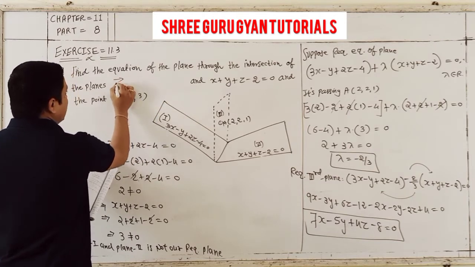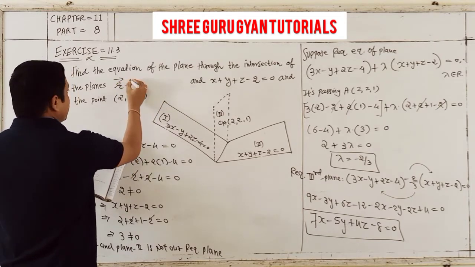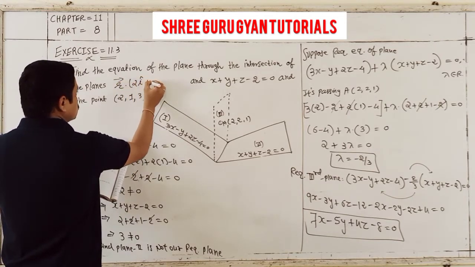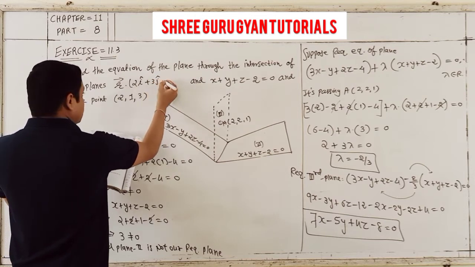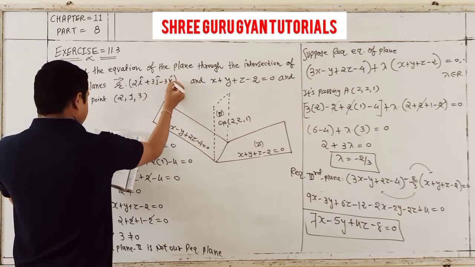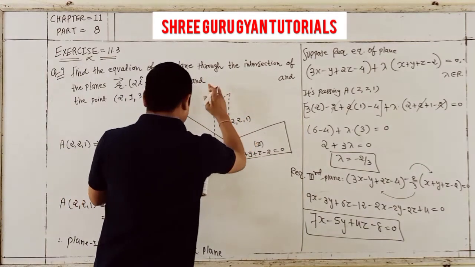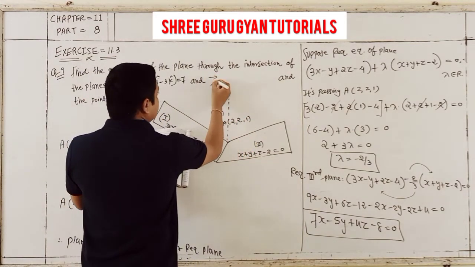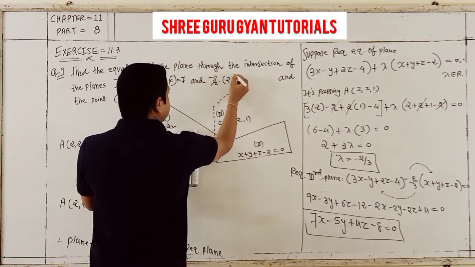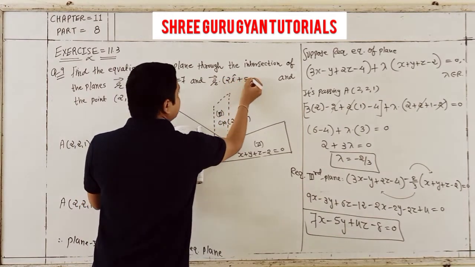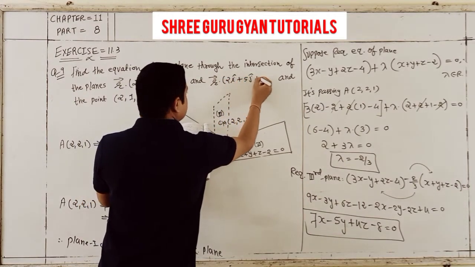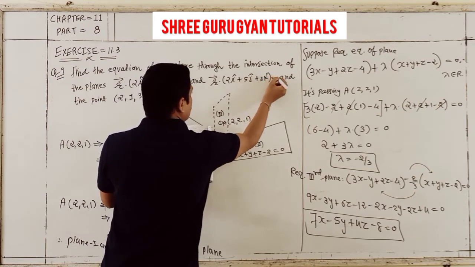The first plane is r dot (2i plus 2j minus 3k) equals 7, and the second plane given is r dot (2i plus 5j plus 3k) equals 9.